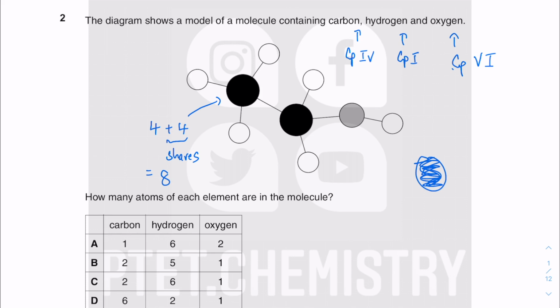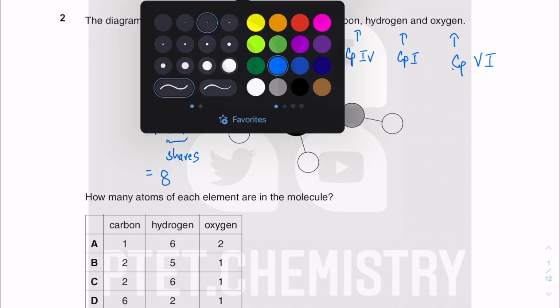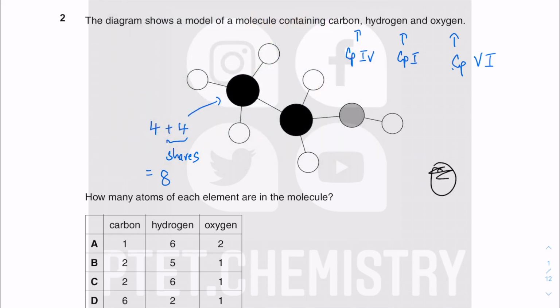Maybe I should draw using a different color. Let me try this one. So the black color one, we are looking at a group 4 carbon. So you can see the carbon forms 1, 2, 3, 4 covalent bonds, and this must be the hydrogen. Hydrogen forms a single covalent bond, so this must be hydrogen, group 1 hydrogen.